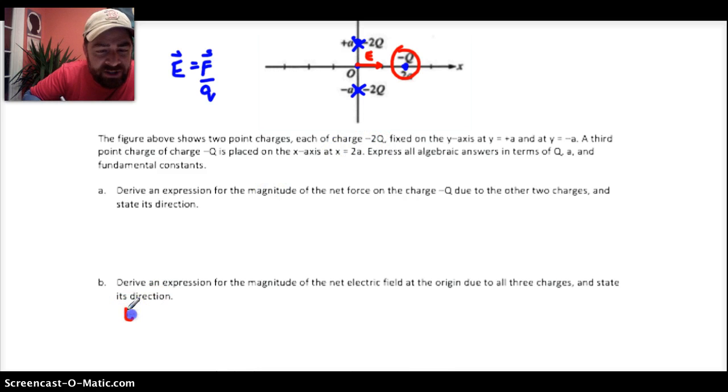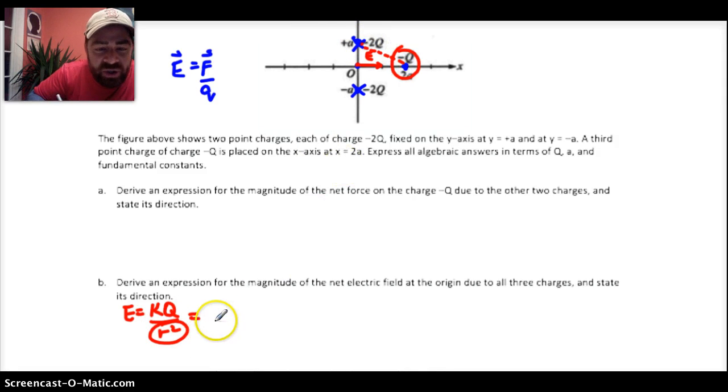So by definition, the electric field due to a point charge is going to be equal to kq, where q is the point charge, over r squared. All I need to do is substitute in that expression for r, which is, in this case, not root 5a, that was this length.